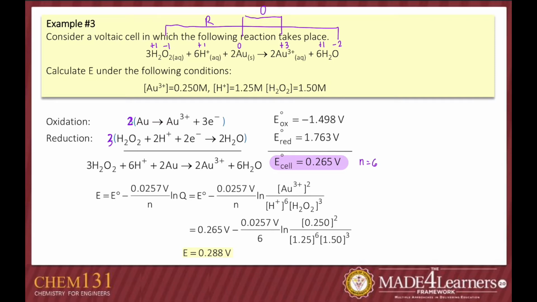You make use of the grouping symbols properly so that you'll be able to get the correct answer. So if we round this off to the 4th decimal place, this is 0.2878 volts. So that would be the cell voltage given the different concentrations of the species.